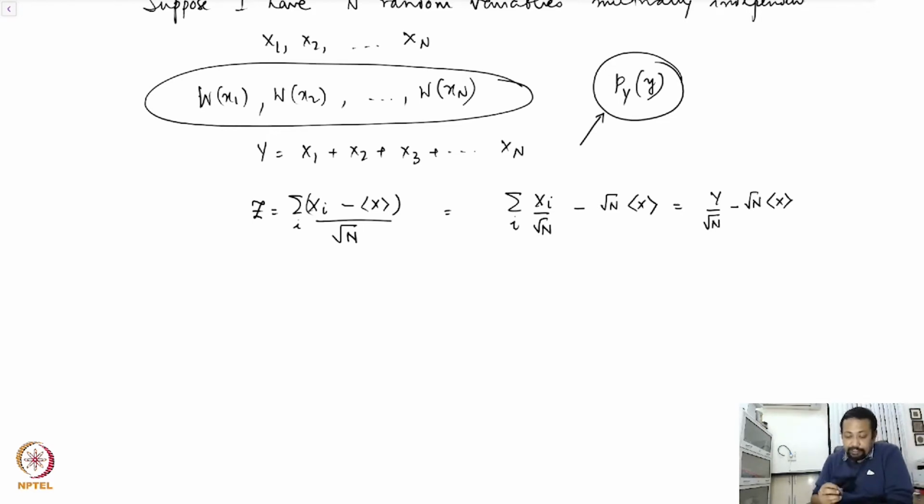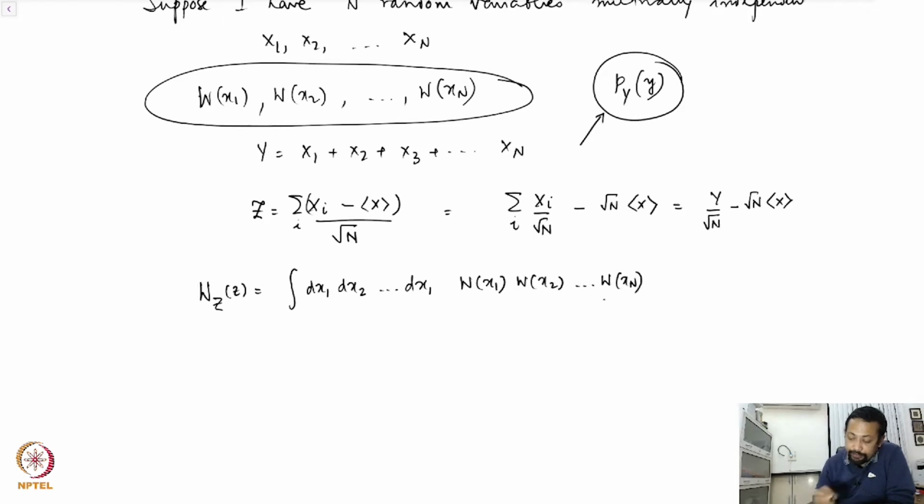So let's write down p(z), or since I am denoting it with w, w_z of z. Then w_z of z is of course the integral dx1, dx2, up to dxn, w(x1), w(x2), up to w(xn), right?